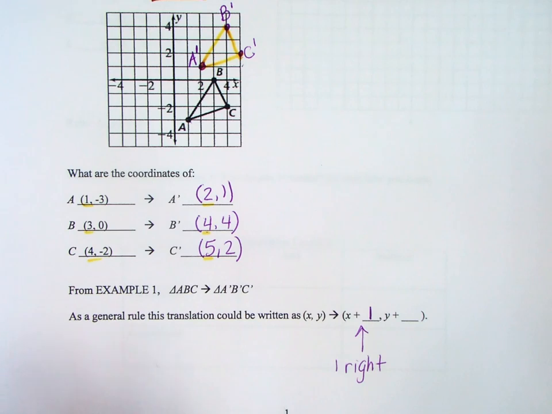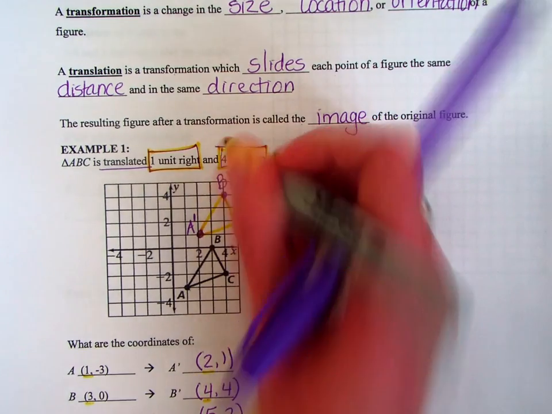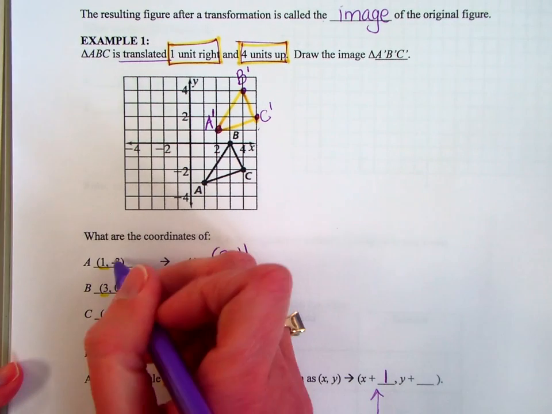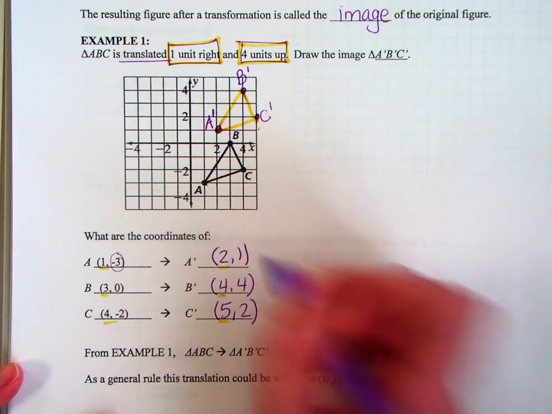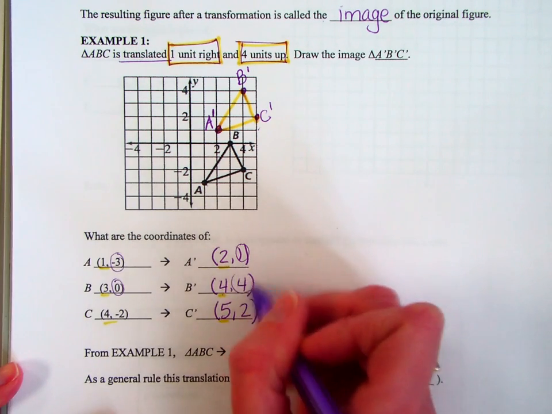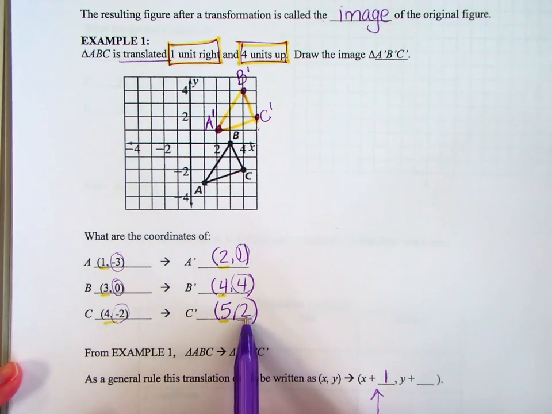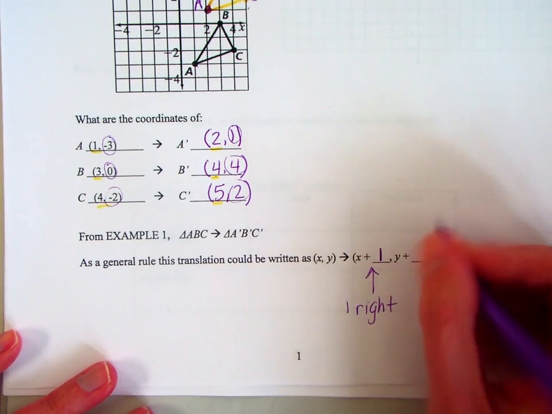Right, and then with our y values, we were going up 4. So in our coordinates we can see we went from -3 to a +1 for our y values. 0 to 4 for the y value. -2 to +2. So it's really taking the original y value and then adding 4. And we can show that again in the rule as y plus 4.